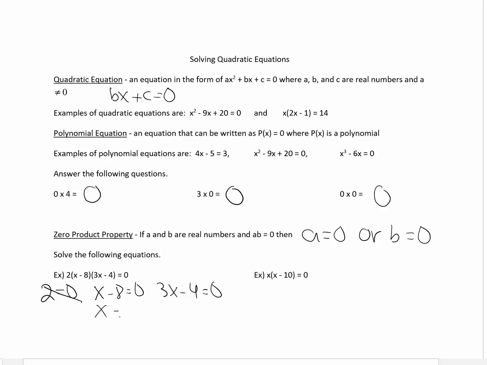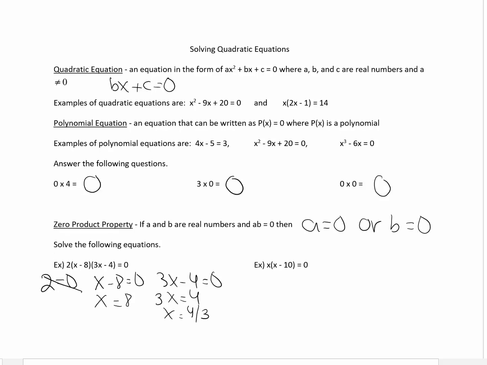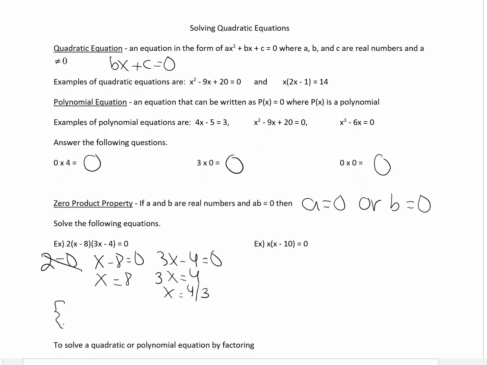Solving the other equations, I get 8 and 4/3. So I can rewrite that in solution notation here. And again, you can check each of the values. If I plug in 8, it's 2 times 0 times 20, which is 0. And then I'd have 2 times a number times 0, which is also 0.